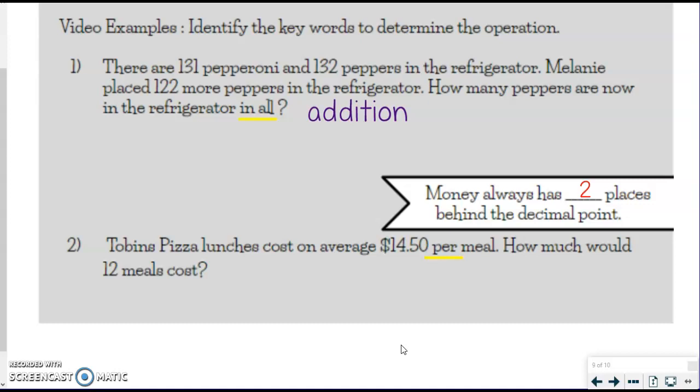So this one is saying $14.50 per meal, and then it gives us the number of meals. So that means I can take these 12 and kind of almost like put it in place of the word meal here, and we're basically saying $14.50 times 12, okay? Because they give us that information. If they didn't give us that information, then it possibly would have been division. So this is a multiplication problem, okay?